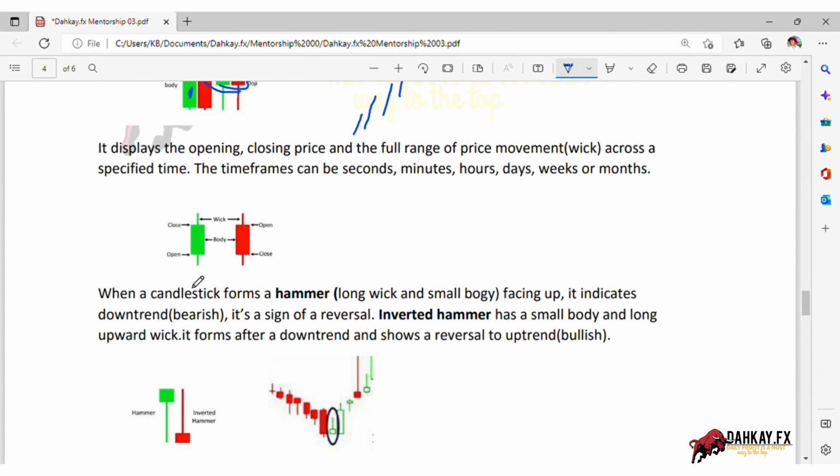As you can see on this picture, guys, at the bottom here, this is whereby the candlestick opens, and with time, let's say for instance you are in the 5 minutes time frame.